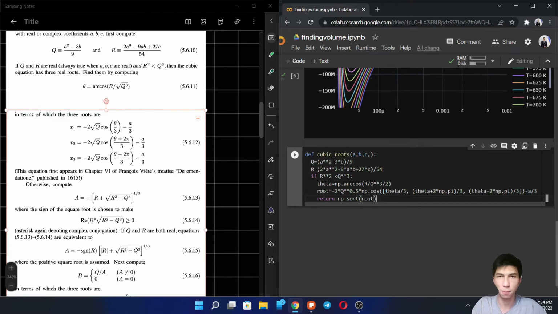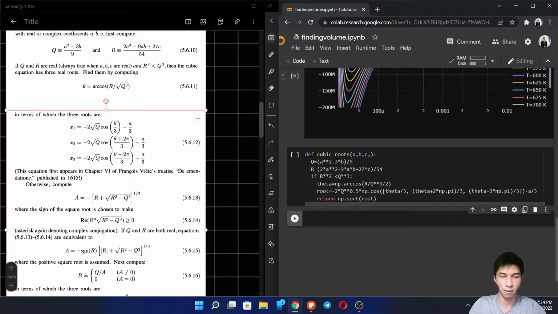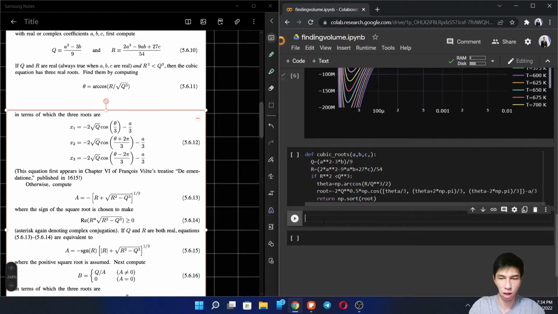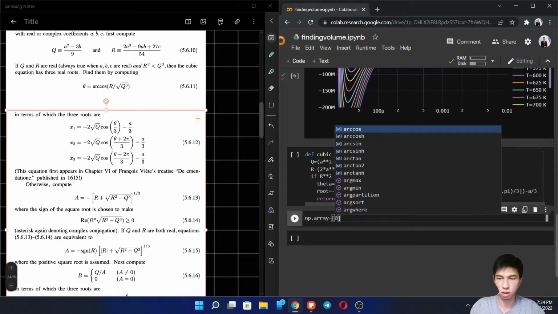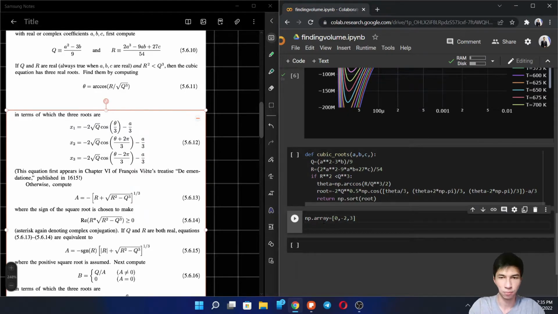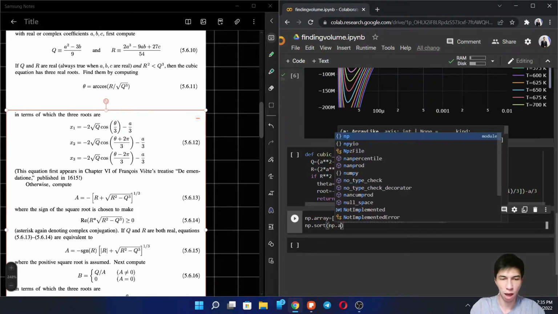Let's check it: let's say a equals numpy array with 0, -1, -2, and 3, and we run numpy sort on the numpy array.